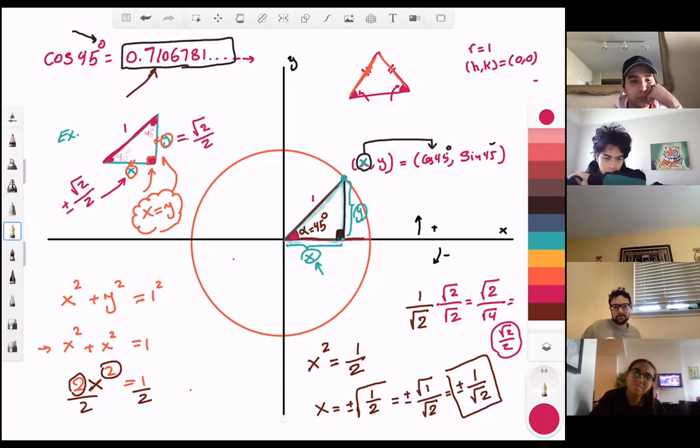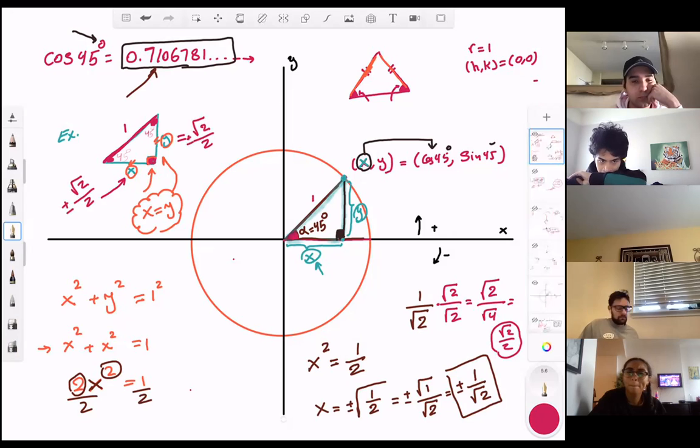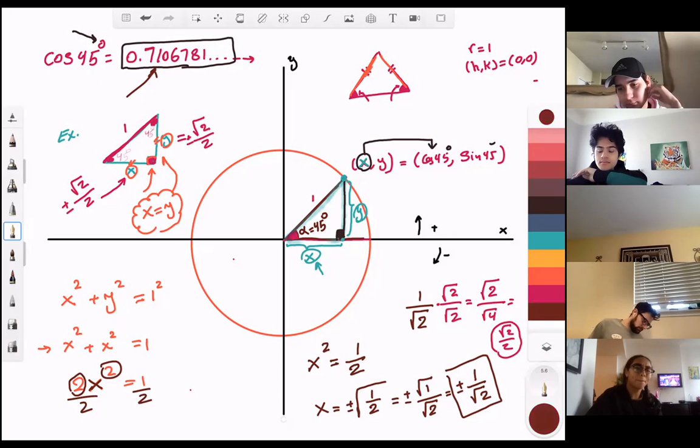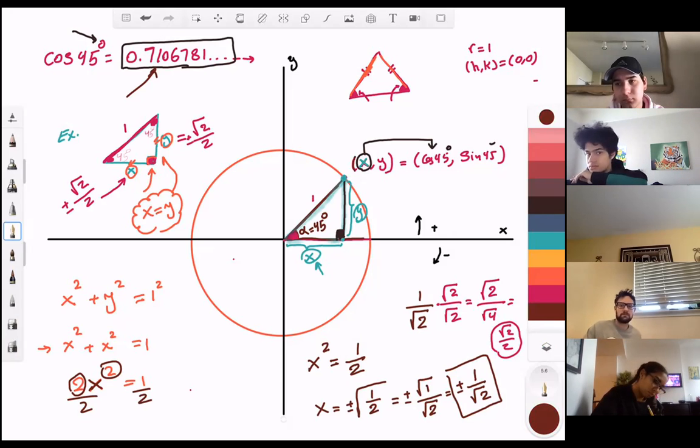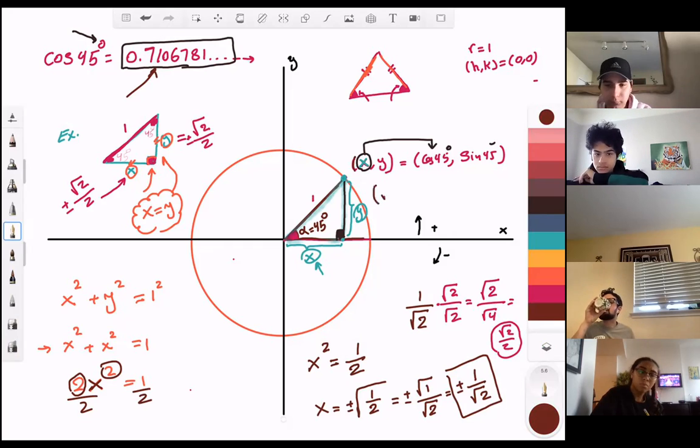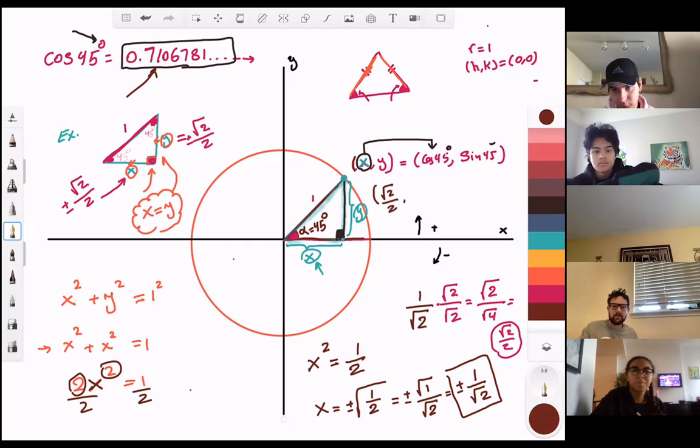There's a plus and minus there. Now it's your job to tell me, are this x and y plus or minus? Both of them are plus, right? So the coordinate x and y will be radical 2 over 2, comma radical 2 over 2.